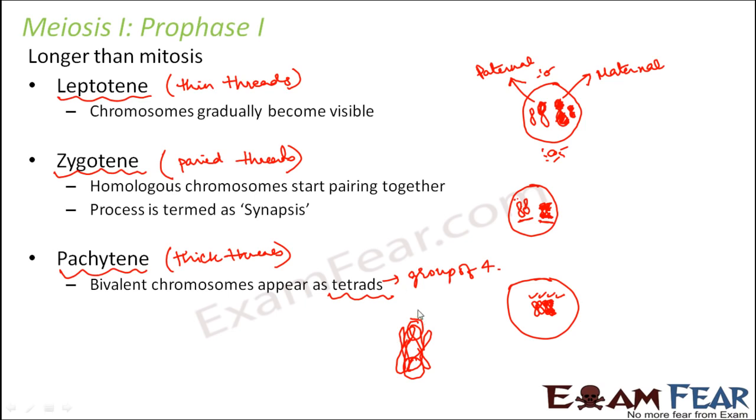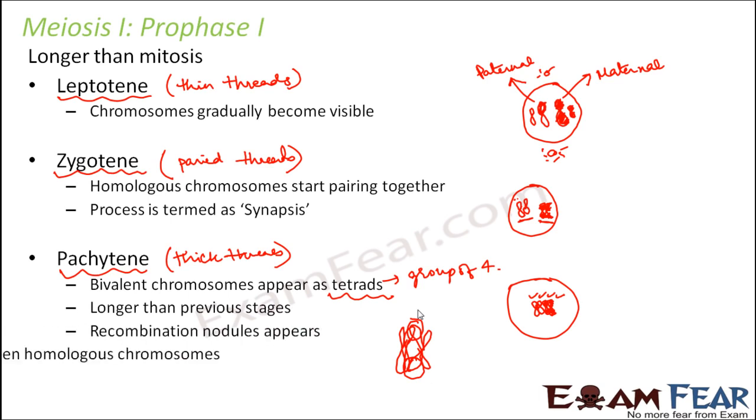These recombination nodules become very evident at this stage, that is pachytene. It is quite a long stage, longer than leptotene and zygotene. Here recombination nodules appear, and recombination occurs between the homologous chromosomes.